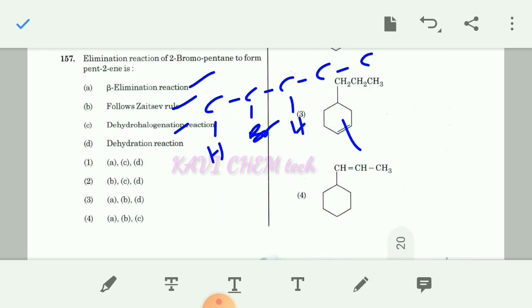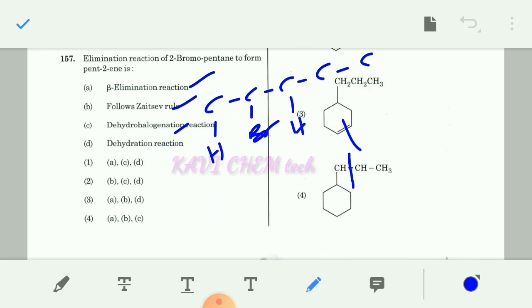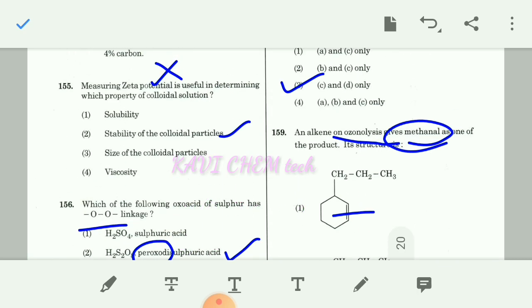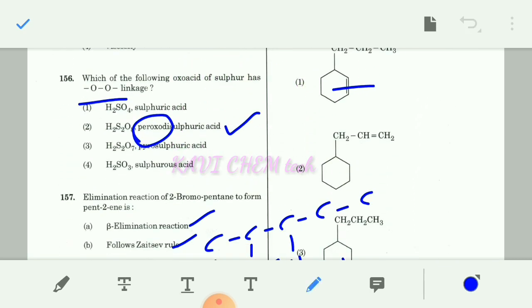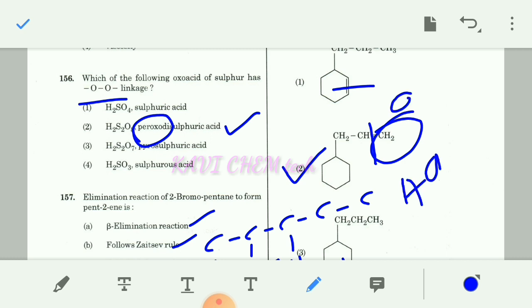Same way, option 4 has a double bond here; when you break that, you will get ethanal, not methanal. So according to that, option 2. When you break it here, you will get the oxygen atom here. So CH2O, which is HCHO, formaldehyde. So option 2 is the correct answer.